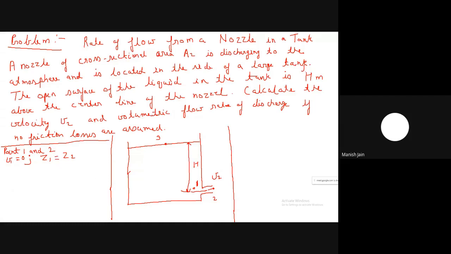Suppose the pressure inside the tank is P1, and outside what is the pressure? That is 1 atmosphere, or you can write 1 atm, or you can write this pressure is P2, which is equal to 1 atm. Okay, so you can write the equation now.